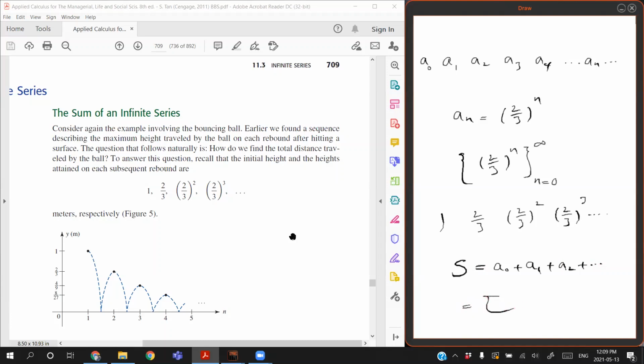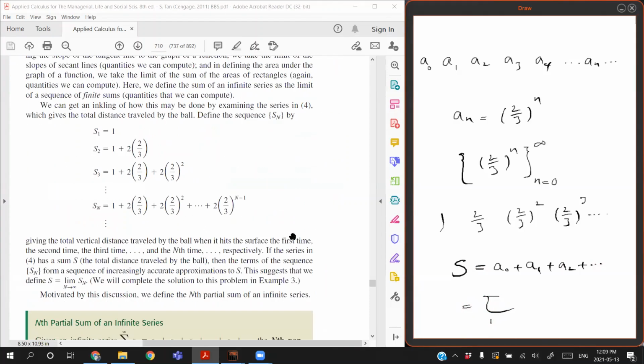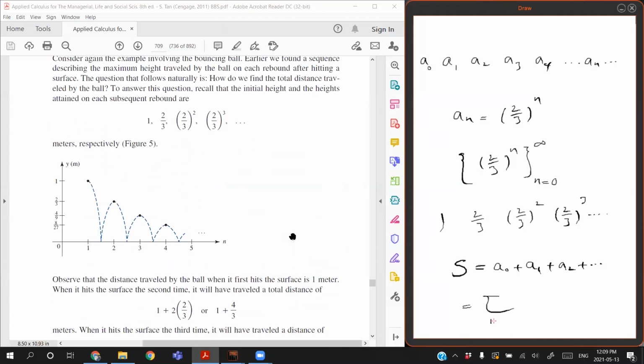which I can express using the summation notation. I can use i or k, it doesn't matter. I think the book we are using uses n. So n from 0 to infinity of the general term of the sequence, 2/3 to the power of n.